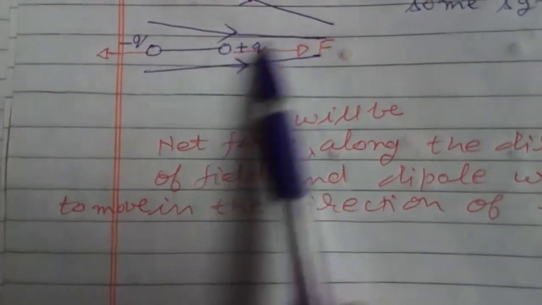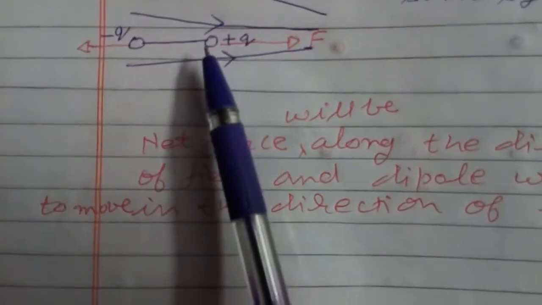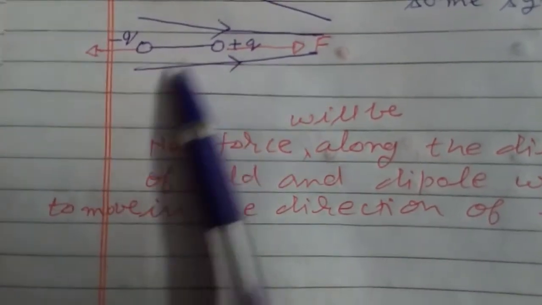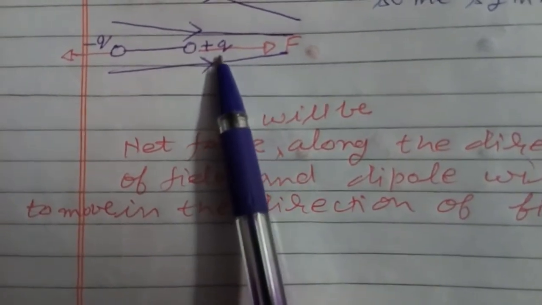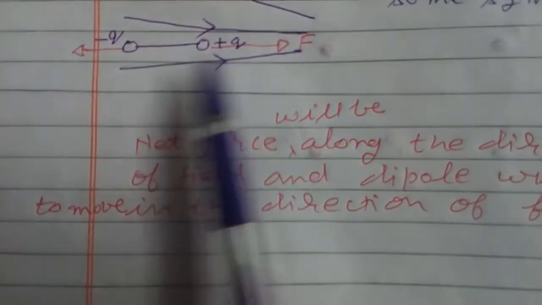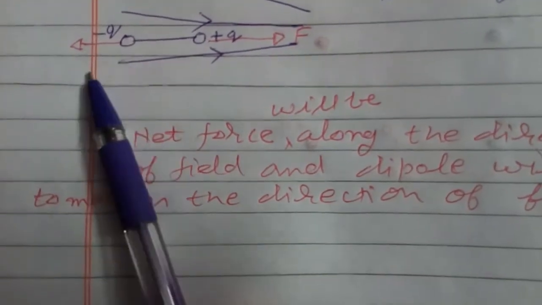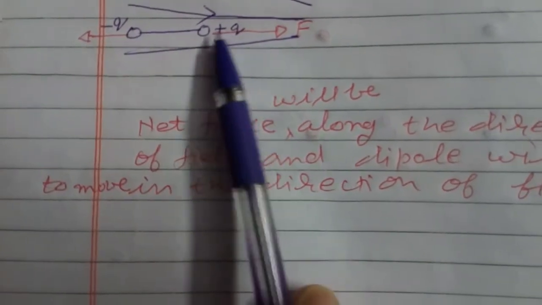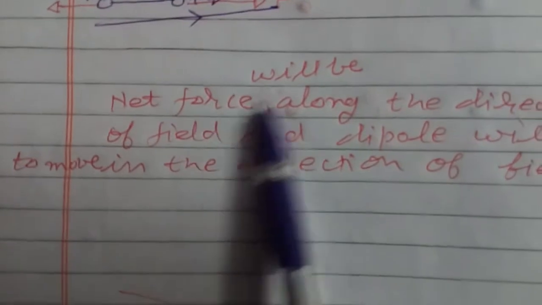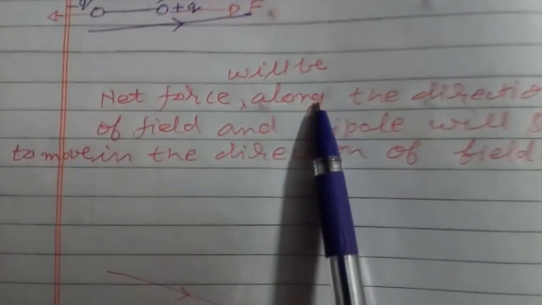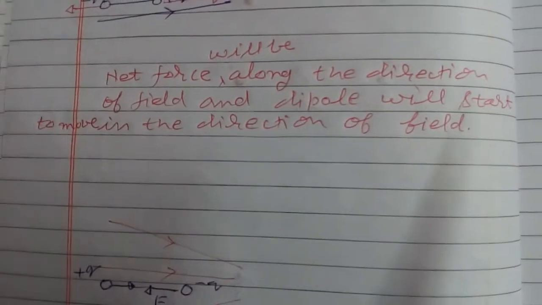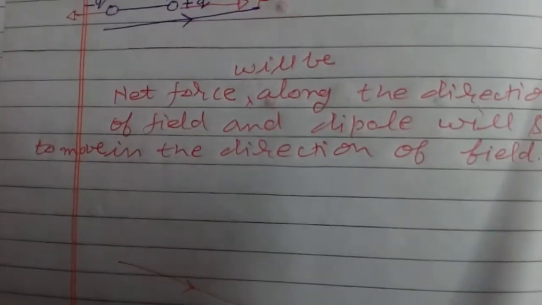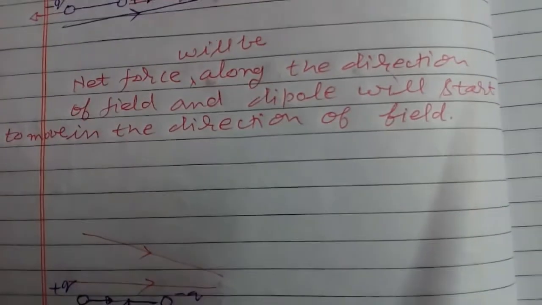Suppose this is a non-uniform electric field, its value here is more and here is less, so the plus q charge will experience more force and the minus q charge will experience less force because F is equal to q into E. So the net force will be along the direction of the field and the dipole will start to move in the direction of the field.